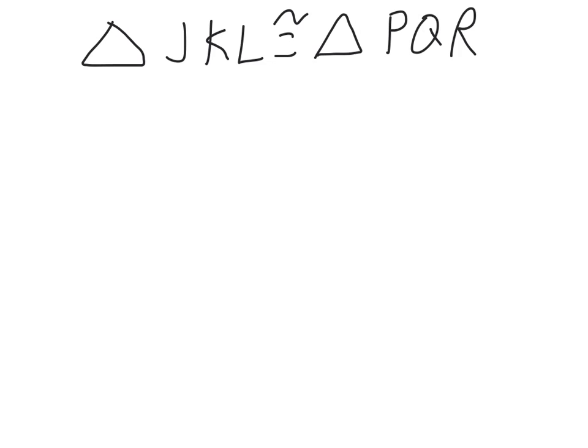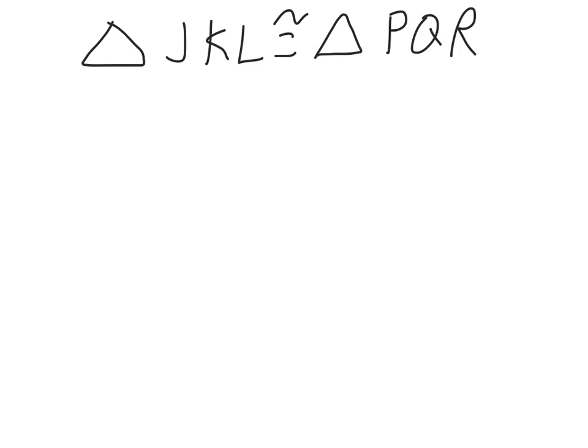Remember, I said order matters. So if J is in the first spot, it's congruent to the angle that's in the first spot, angle P. So angle J is congruent to angle P. By the way, this is assuming these triangles are not connected and that there are no other angles.